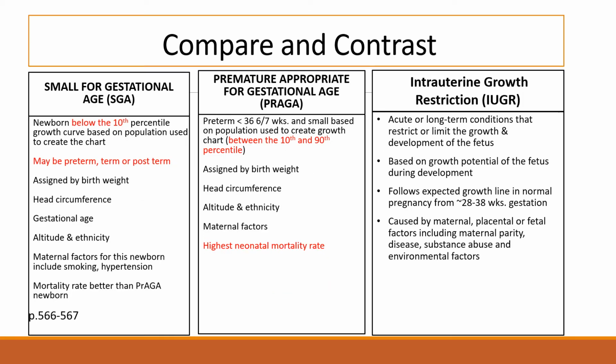Preterm newborns are usually those babies born less than 34 weeks gestation, but anything born less than 36 weeks, 6 days is considered a preterm. A late preterm is a baby that's 34 weeks, 0 days to 36 weeks, 6 days.